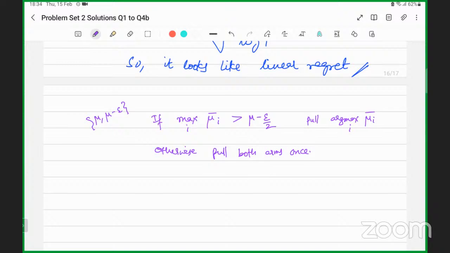Whether the first arm has mu or mu minus epsilon, we don't know. We just know these are the two true means. And what we are doing is, for the best empirical arm, we play the arm with the highest sample average. Otherwise, we are pulling both arms once.